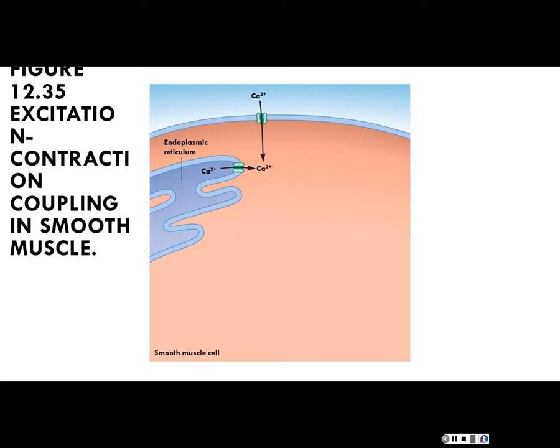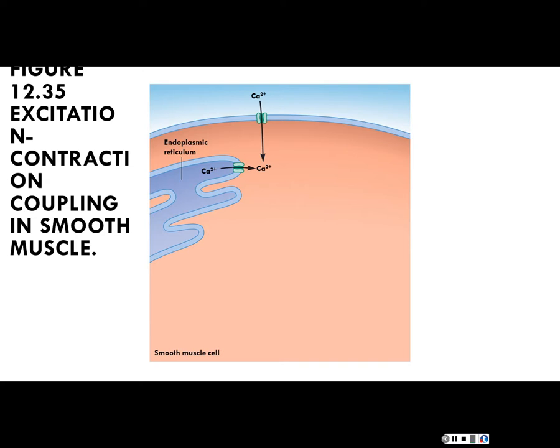So we have two sources of calcium, extracellular and the smooth ER. Calcium is going to do something completely different in the smooth muscle contractile cells. Our smooth muscle cells are built differently.